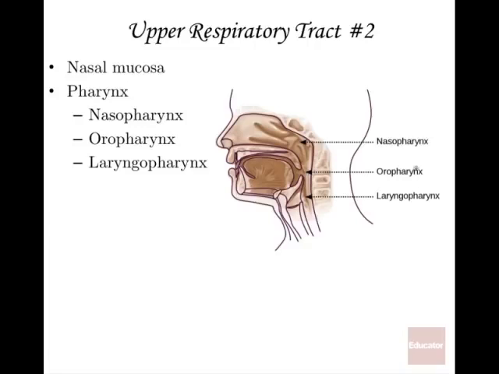The oropharynx, oro coming from oris or mouth, oral, that's the area of the pharynx that's adjacent to the tongue. So this is the tongue, kind of a weird looking tongue, but that's how it looks when you have a sagittal cross section and it's inside the mouth. And right here, that's called the soft palate. The most posterior or dorsal part of the palate is actually soft compared to the hard palate.